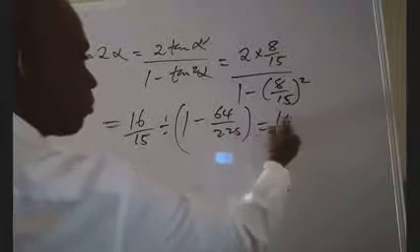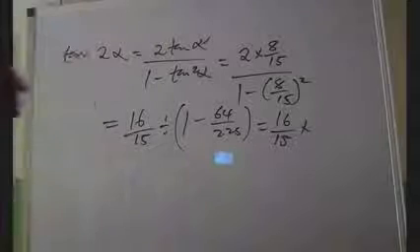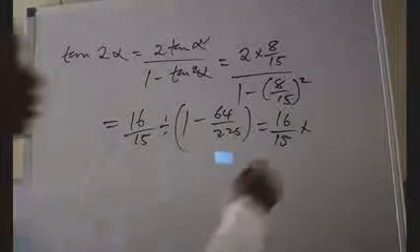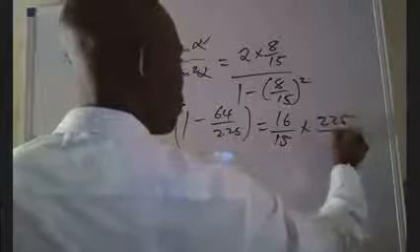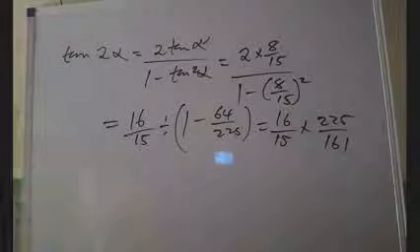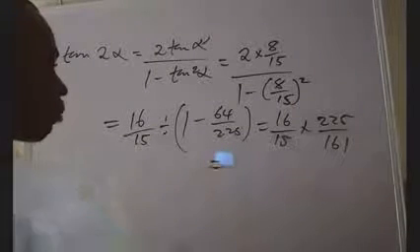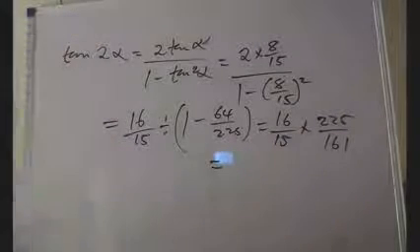Which is equal to 16 over 15 times, this is 225 minus 64, that will be 225 over 161. And if you simplify that, 15 will cancel out to give us 15.